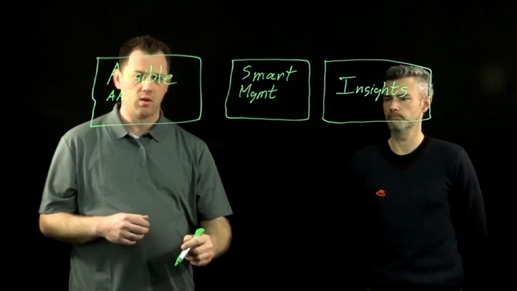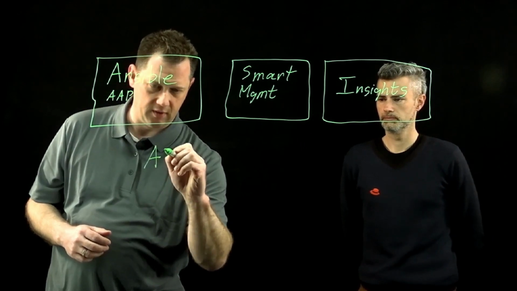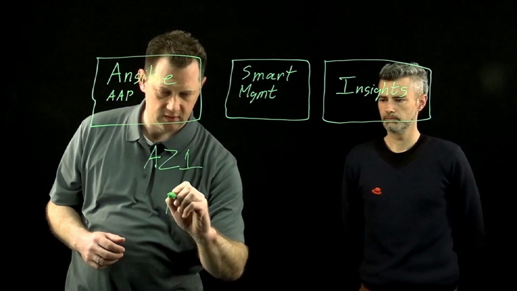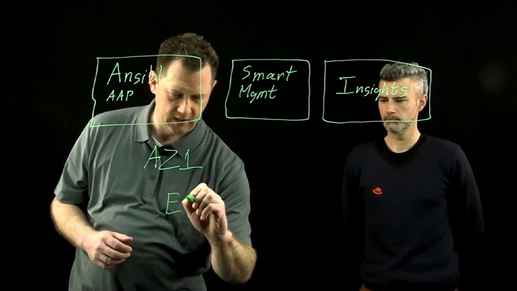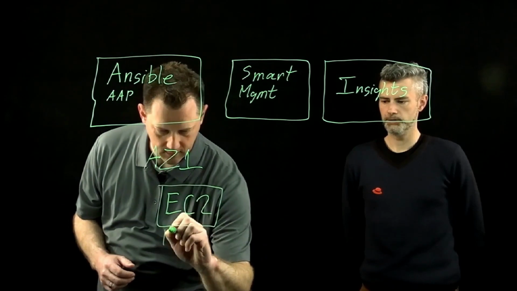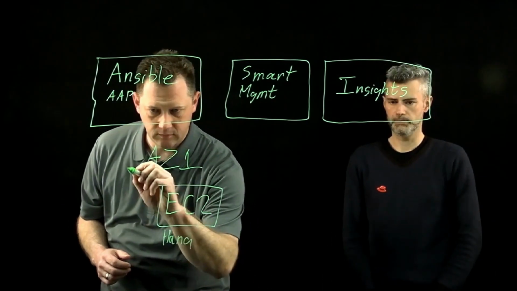Right. So we have first AZ availability zone over here. And we have an EC2 instance in here with our HANA database. Okay. So, yeah, we'll be doing the maintenance on the HANA database servers.